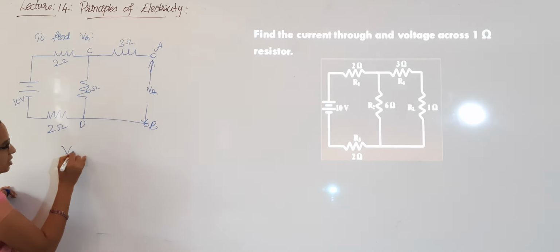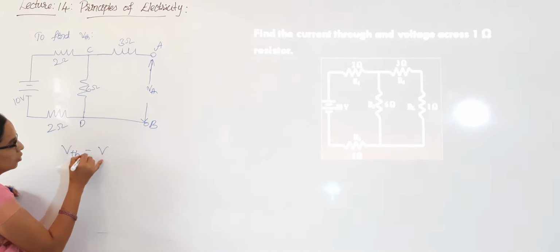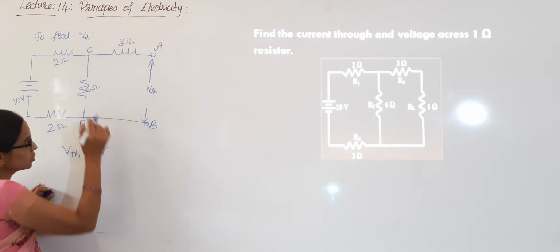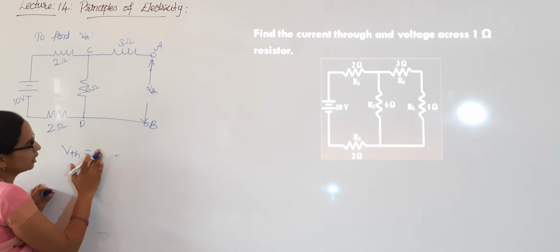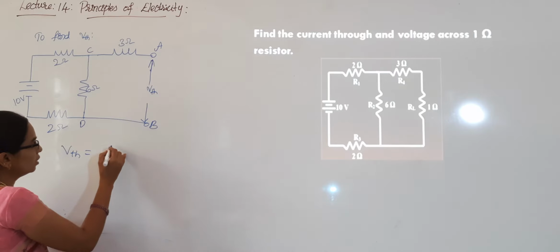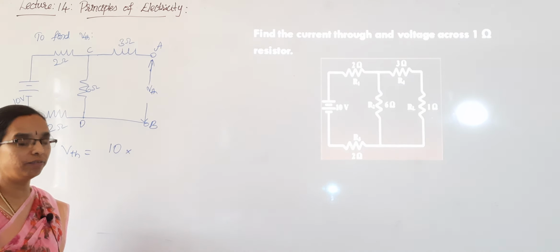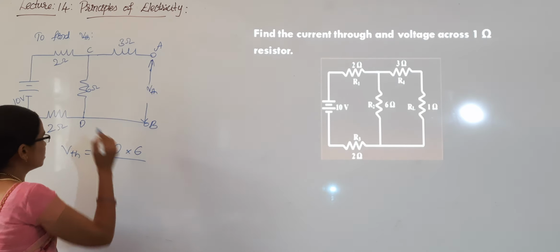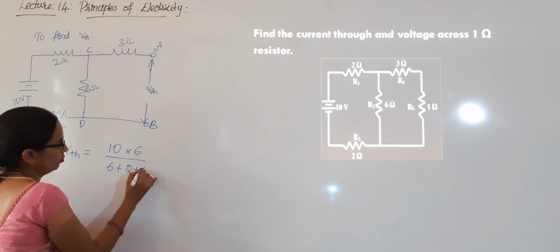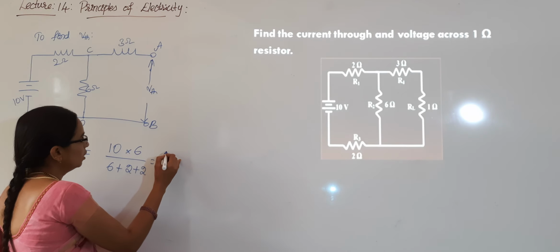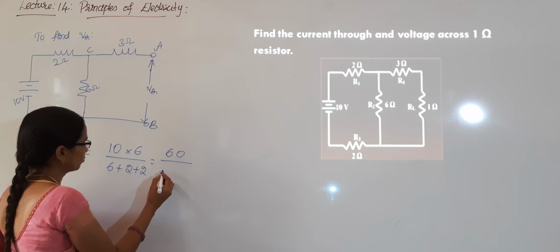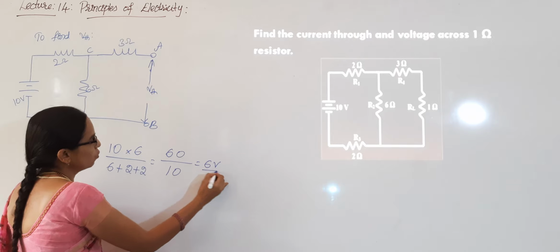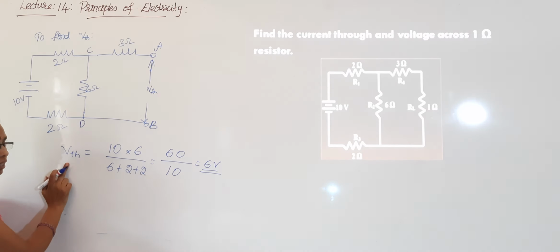To find VTH, it is equal to voltage across 6 ohm, V into, I will directly put the values here, otherwise no need to put the formula every time. 10 into 6 divided by 6 plus 2 plus 2, that is 60 divided by 10, then 6 volt is the Thevenin's voltage.